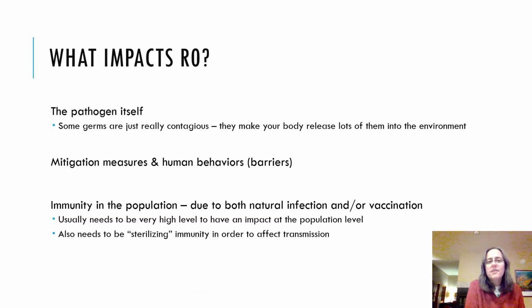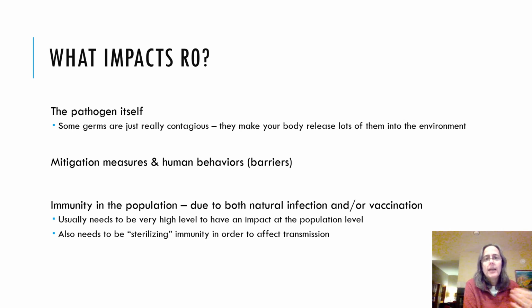So what are the things that determine the R naught or the reproductive value? What determines how contagious something is going to be? Well, a lot of it is the pathogen or the germ itself. Some germs are really contagious because when you get them, they make lots of copies of themselves, and those copies get sneezed out or spit out or coughed out or breathed out, where they can easily infect other people.